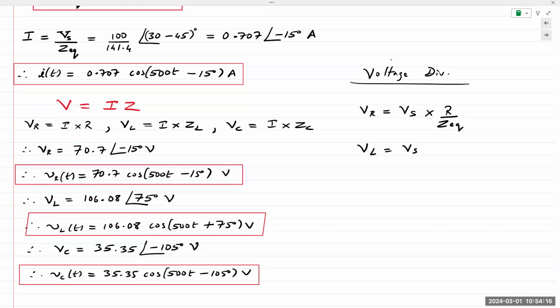VL would be Vs times ZL over ZEQ. And VC would be Vs times ZC over ZEQ. The equations remain the same. The equations do not change. The only thing that is changing is the math. So again, you all need to be an expert at your own calculator devices. It's not just for this class, it's going to help you as an engineer in general.